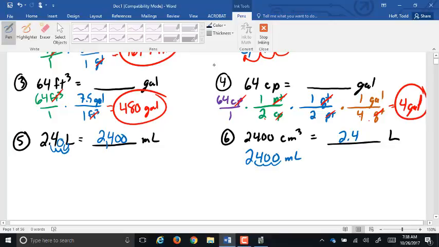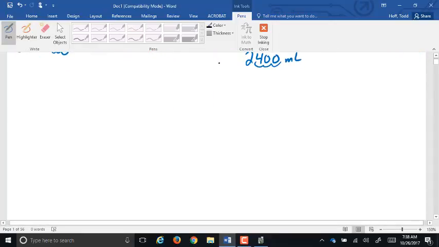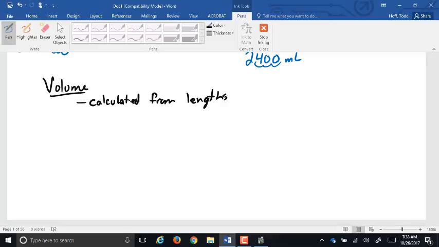Now, just like we talked about the difference between capacity and volume. Remember, volume was those multiplied length measurements. So volume would be cubic inches, cubic feet, cubic centimeters, cubic millimeters, cubic meters and so on.